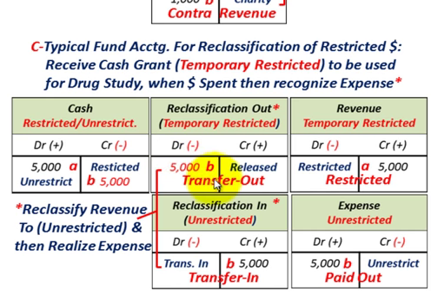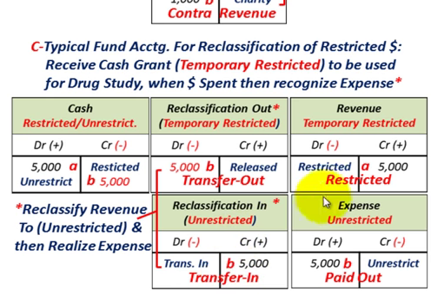This is where you're going to transfer out those monies and that revenue that was temporarily restricted. And then you go into the reclassification in account here, unrestricted. So this is where we move it out of the temporarily restricted account into the unrestricted account. Typical fund accounting here. So in this case, we would credit it here for $5,000 for the transfer in.